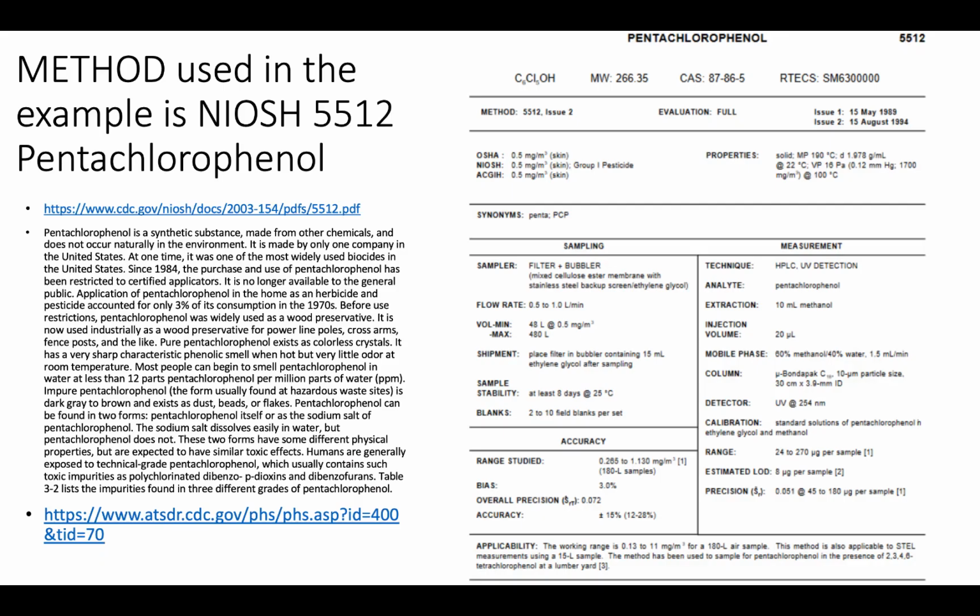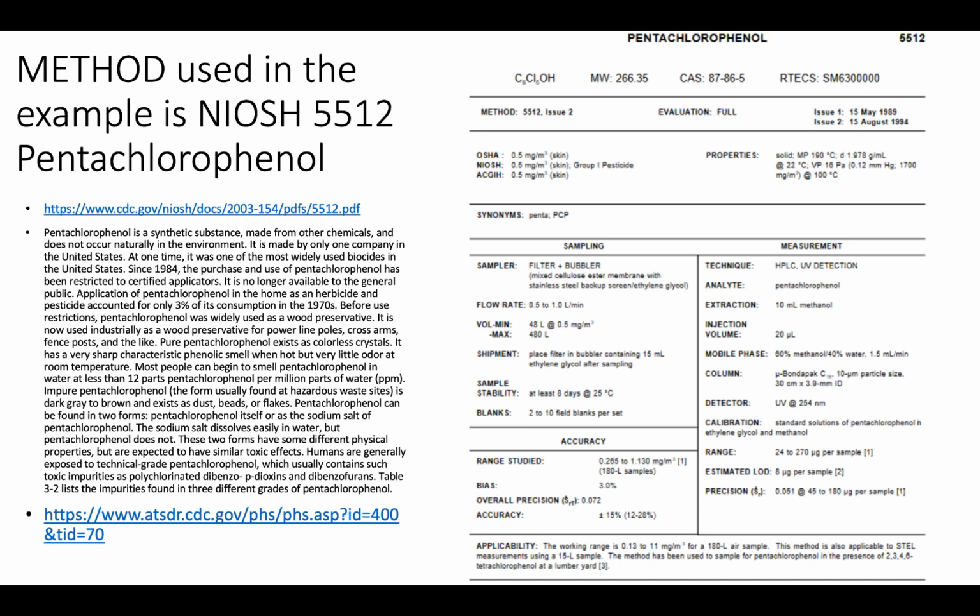So this learning unit, we are going to use method 5512 for pentachlorophenol, and it was used as a herbicide. It actually is called a biocide, which is a substance intended to destroy, deter, render harmless, or exert a controlling effect on any harmful organism by chemical or biological means.